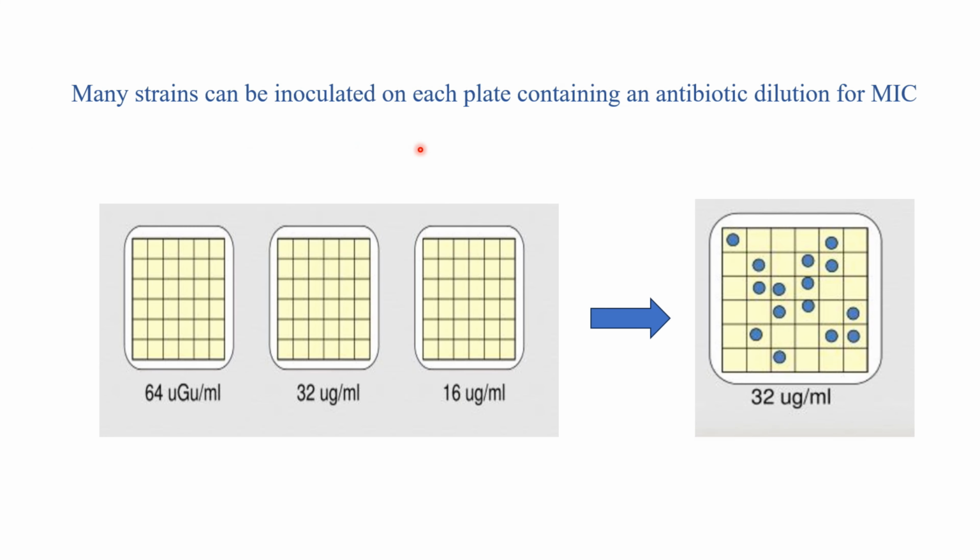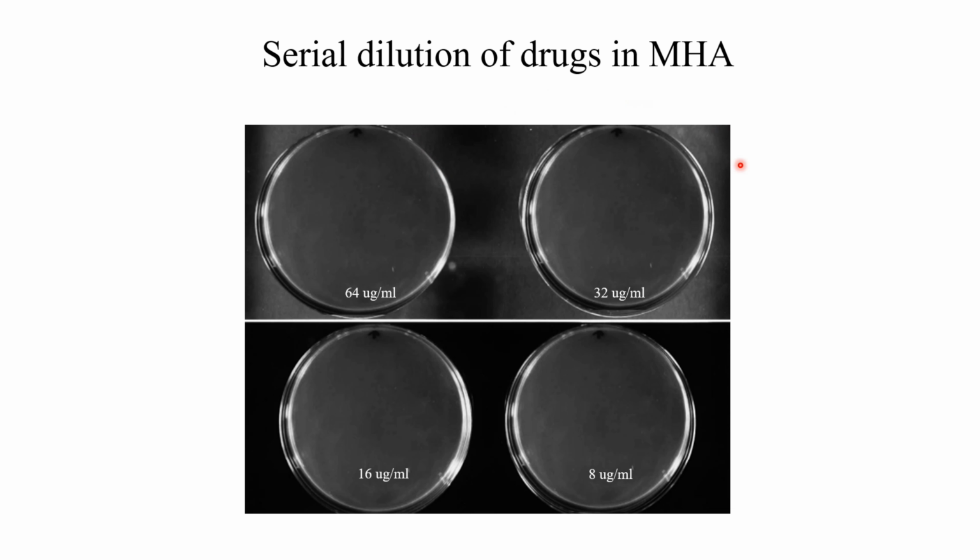Another advantage of this agar dilution is many strains can be inoculated on each plate containing antibiotic dilution for knowing the MIC of the organism towards the antibiotic. Here the procedure is the same as what we discussed earlier.